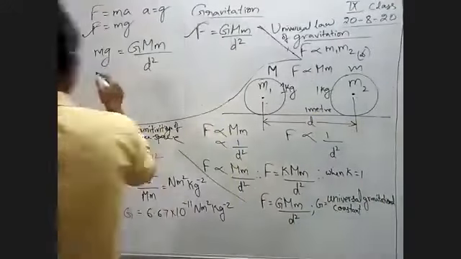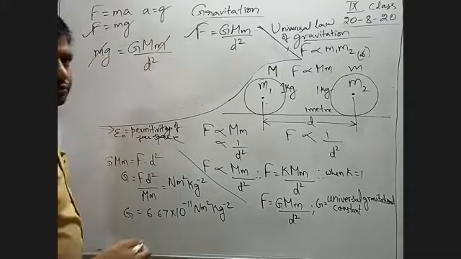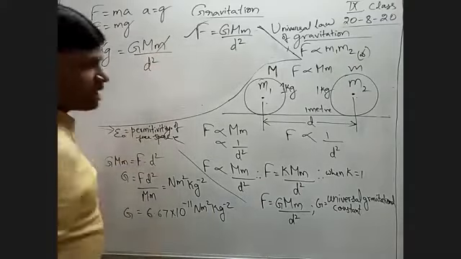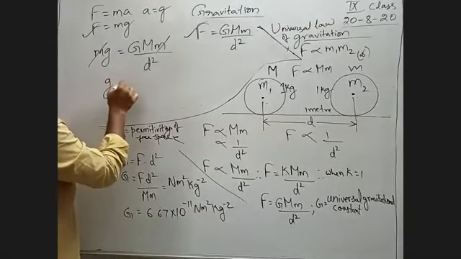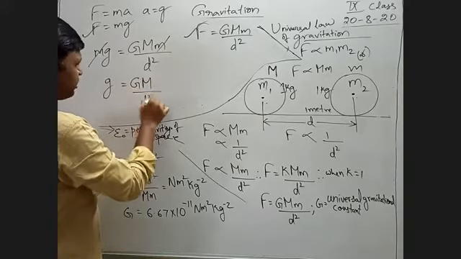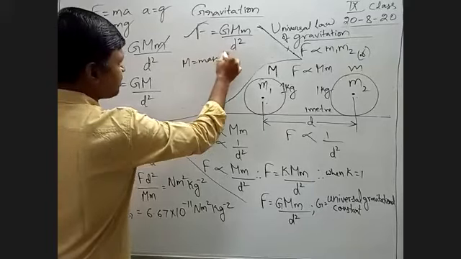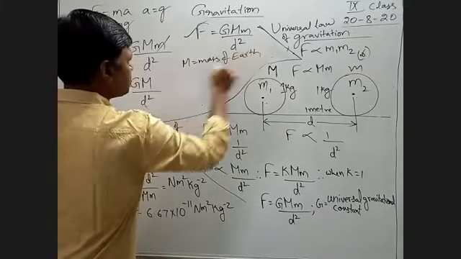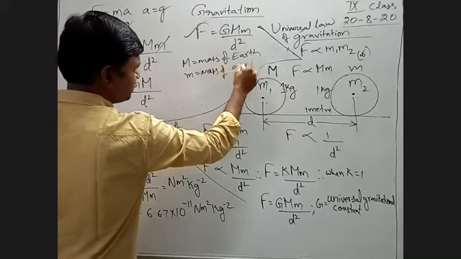Okay. Now can we cancel this small m and small m? As these are the lower masses. So finally g can be given as G into M by d square, where M is the mass of the Earth and small m is the mass of any object.